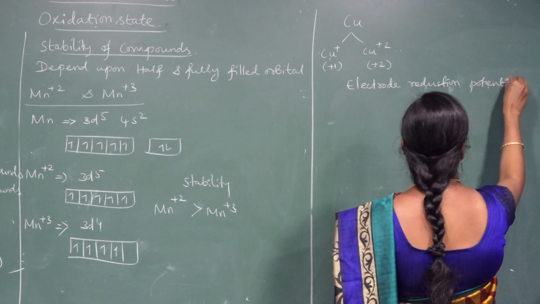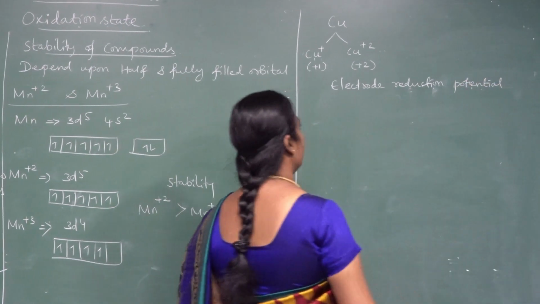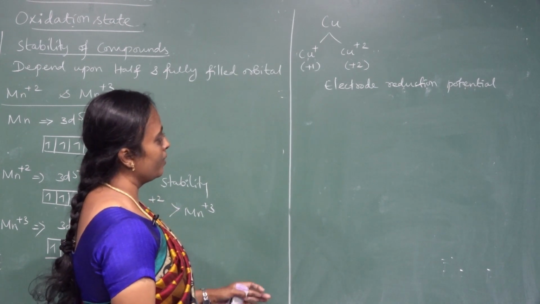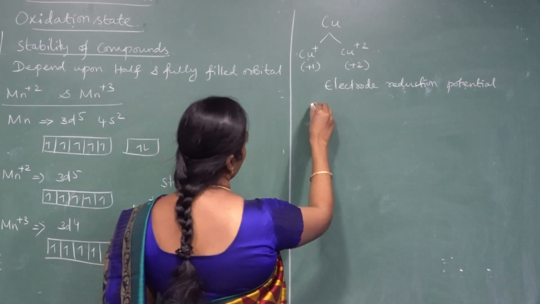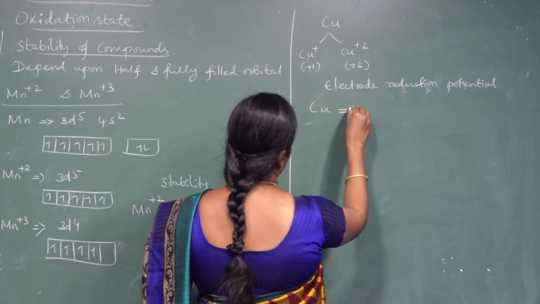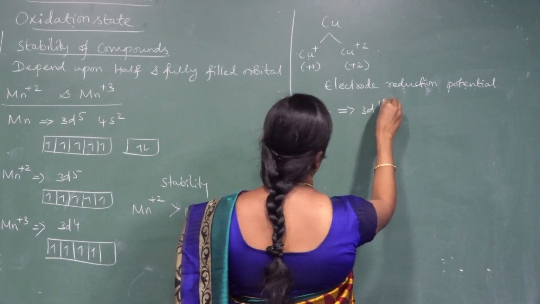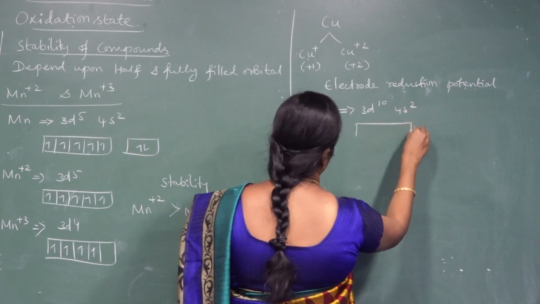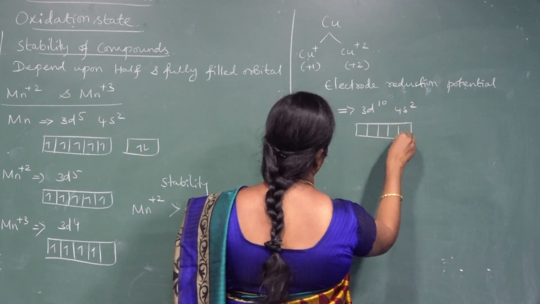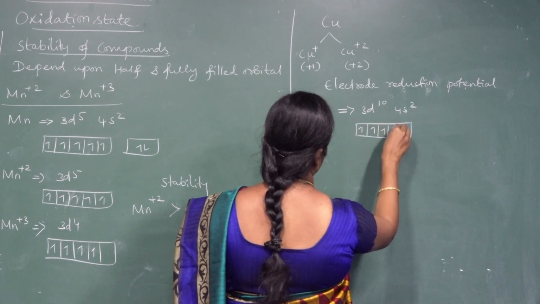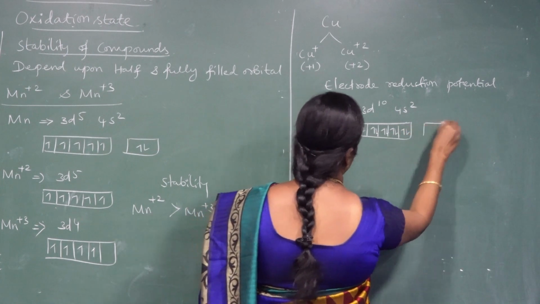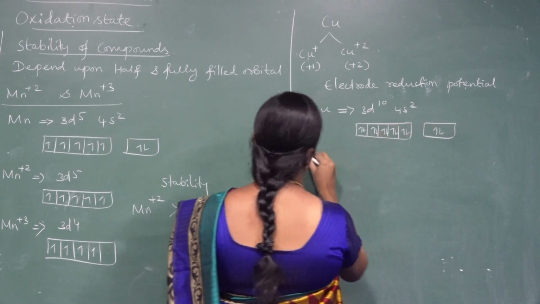Electrode reduction potential, where I can explain the formation of Cu plus 2. You know already, copper means we expect 3d10 4s1.